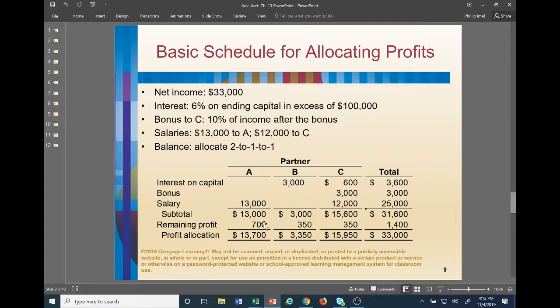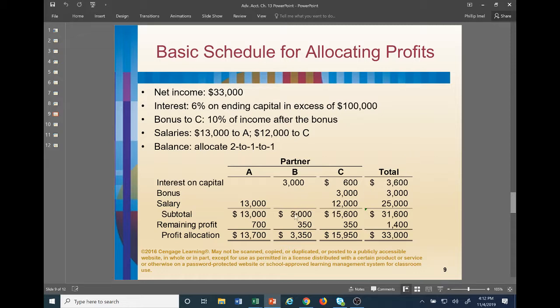A receives two shares, so half of that in essence. So 2 to 1 to 1, half of 1,400 is 700. So partner A receives the remaining profit of 700. And partners B and C each receive $350, which is 25% of 1,400 on the basis of 1 and 1. So that is how we break down the remaining profit.